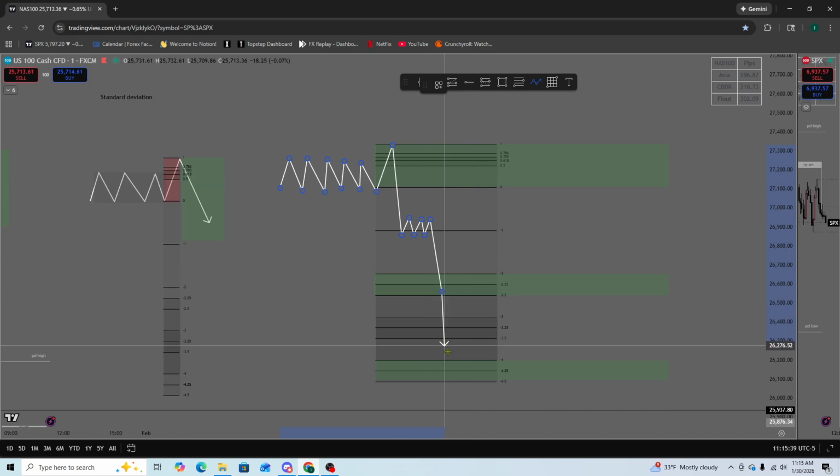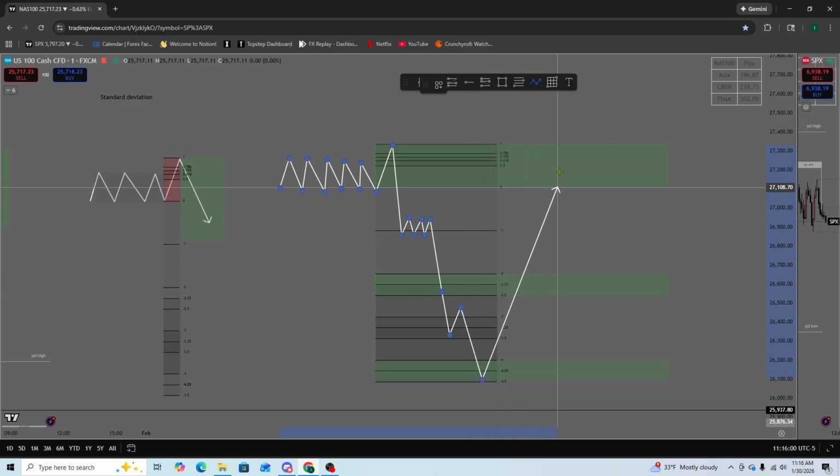Or we continue down all the way to max expansion. We come all the way down here to the -4s. And then we would also be looking for the same things: lows, highs, rejection blocks, order blocks, fair value gaps, previous things and confluences that we can align with these -4 zones, and this would be our max expansion.